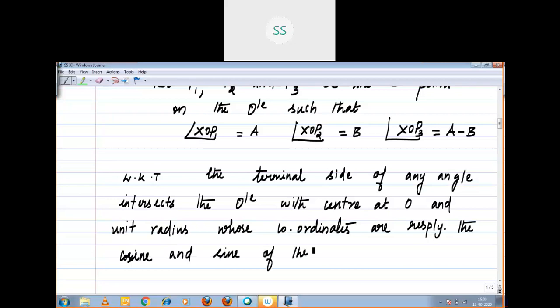This is the format, cosine and sine of the angle. Got it, children?